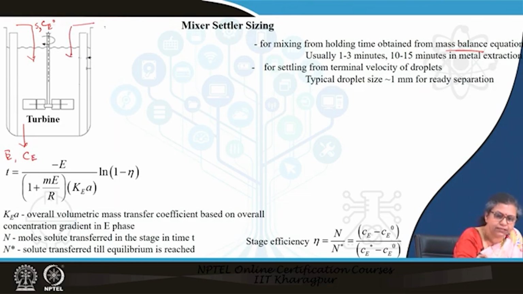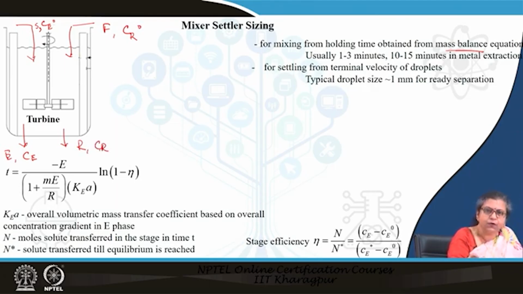The feed comes in, it has a solute concentration of Cr0. The raffinate comes out, it has a concentration of Cr.